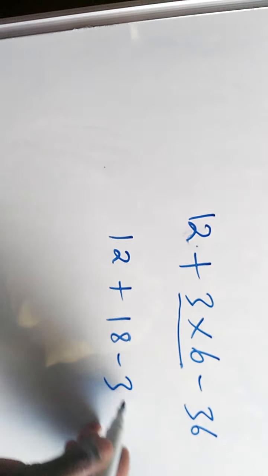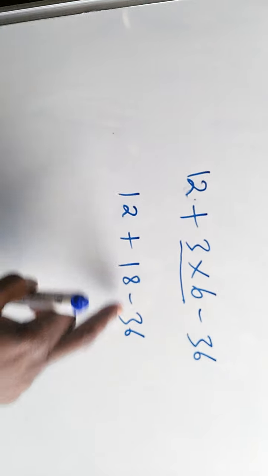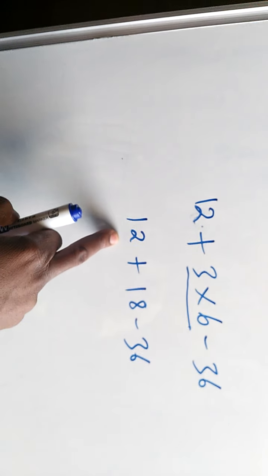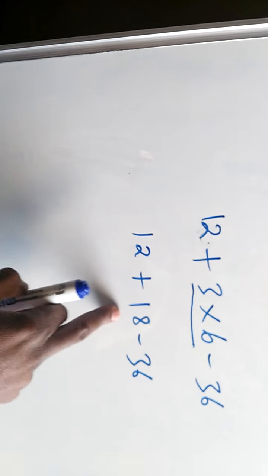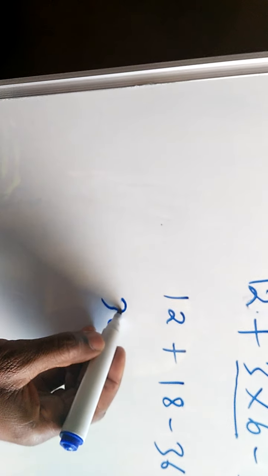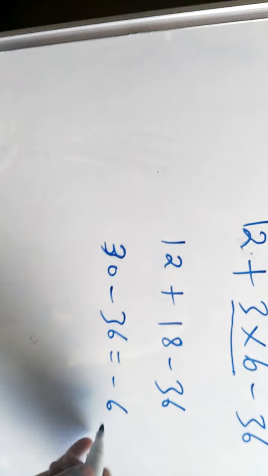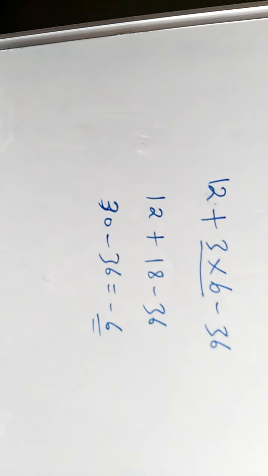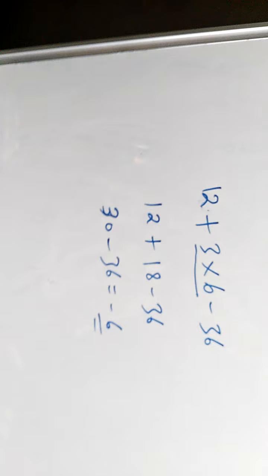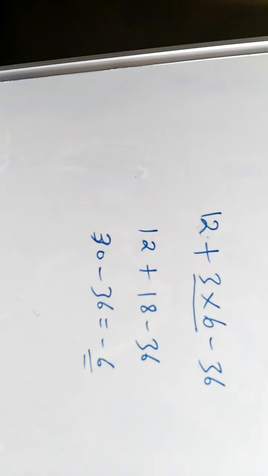That's when you can do either your addition or you take away, then you add. There's no problem here. Already 12, 18, that will give us a 30. 30 take away 36, a negative of 6. Okay, 18, 30, okay. We are done.